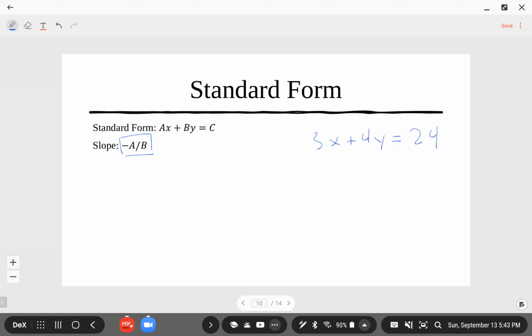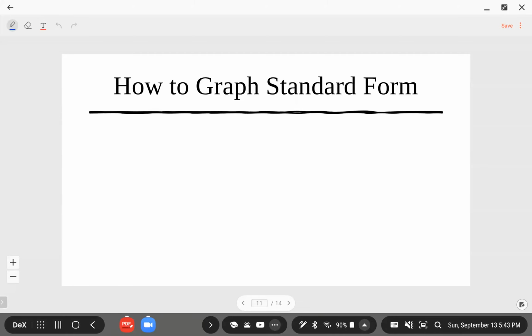Okay. And then we can find our slope using that. So how to graph standard form? There are two ways to graph standard form, just like point-slope form. And just like point-slope form, one of these ways involves converting to slope-intercept form, because hands down, slope-intercept form is the easiest form to directly graph with, okay? But there's another method for just standard form, and it involves the x-intercept.